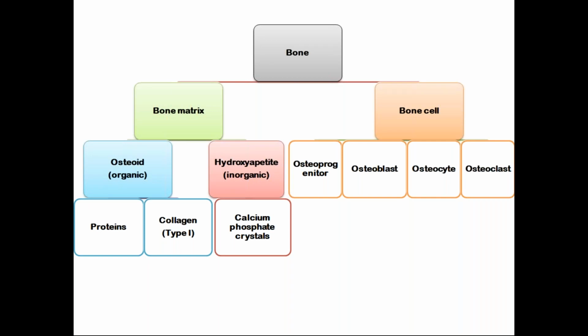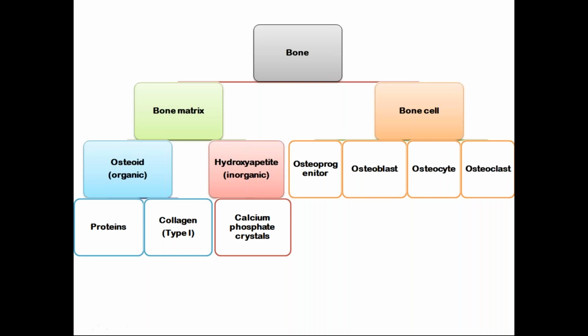So you should understand two things: our bone is made up of matrix and the cells. And the matrix is again made up of organic thing and inorganic thing. The organic is named osteoid and the inorganic is named hydroxyapatite.